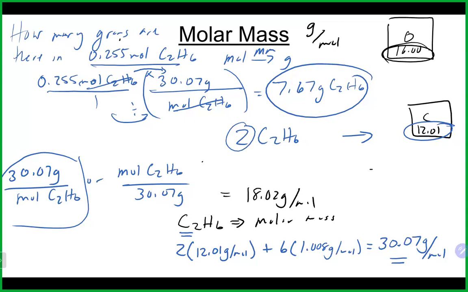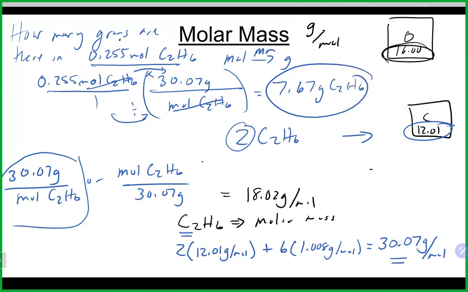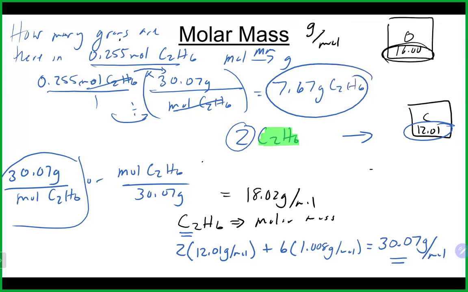Whenever you calculate the molar mass, regardless of whatever the coefficient may be in the balanced equation, it is only based on the formula, and the formula is the only thing you should use to calculate molar mass. We will actually use the coefficient shortly for some other calculation, but when you do molar mass, that is basically just the formula.